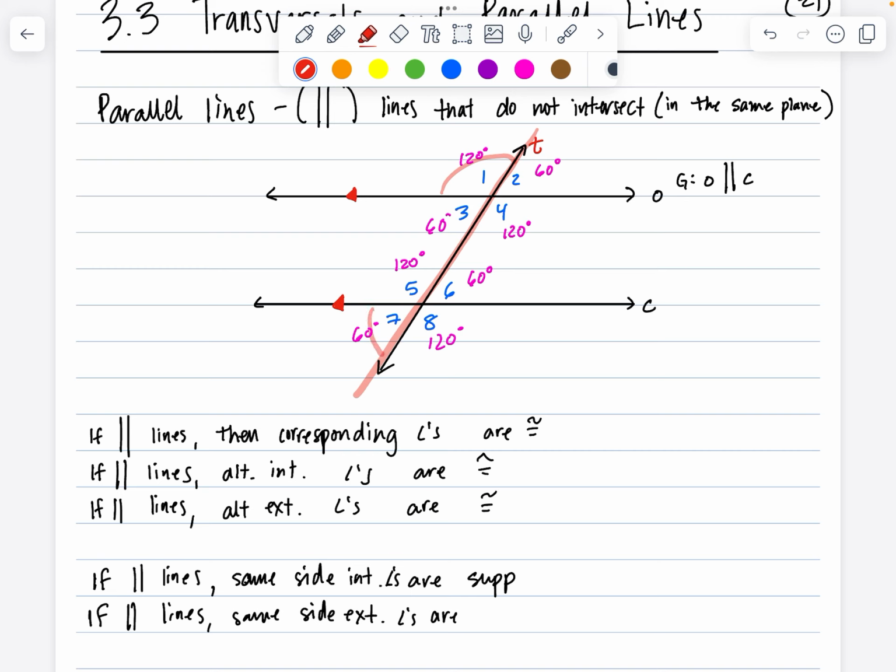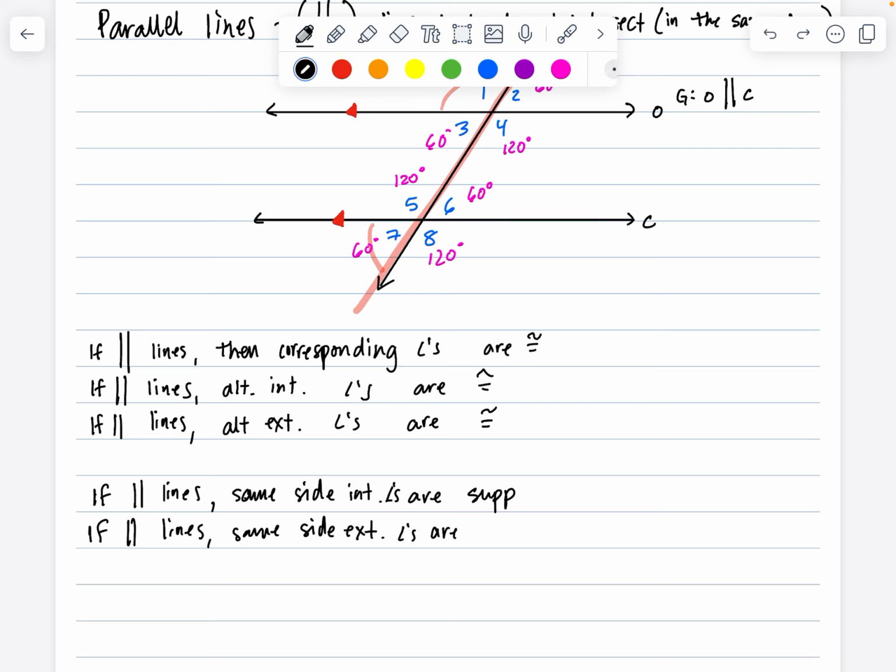And we have supplementary again. 2 and 8 are same side exterior, and they're supplementary again. Okay, so we have supplementary here as well. If parallel lines, then same side exterior angles are supplementary.